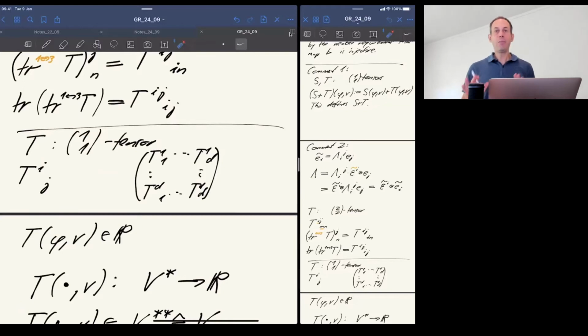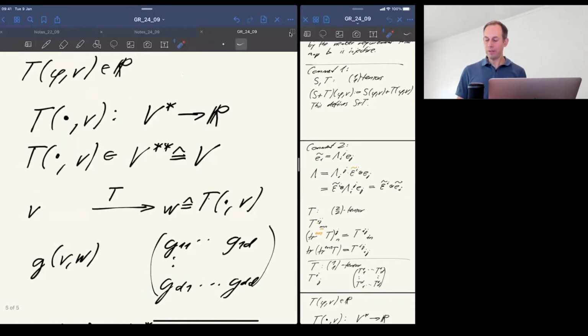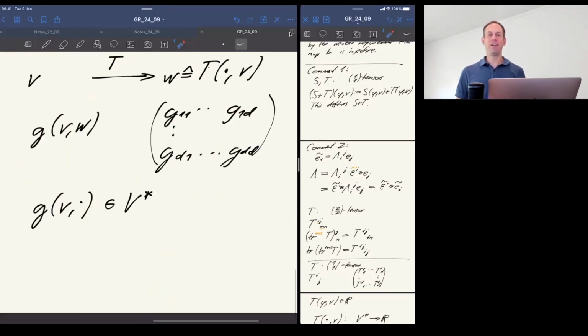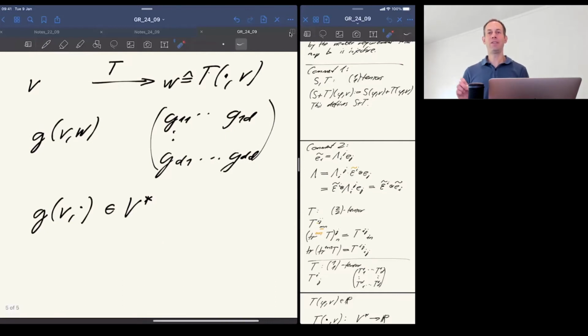So the summary of this is you can always interpret tensors as linear maps, but the map will not necessarily be a map from V to V. It will sometimes be a map from V to V star, or even from V star to V, or from V star to V star. For example, a 2-0 tensor could be interpreted as a map from V star to V star.